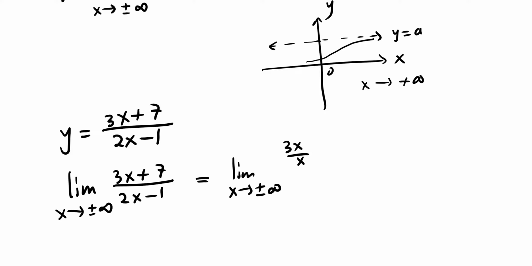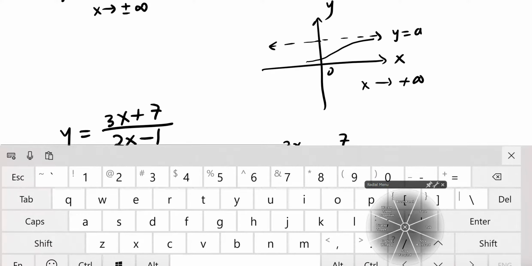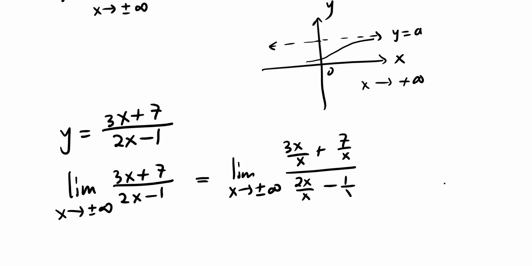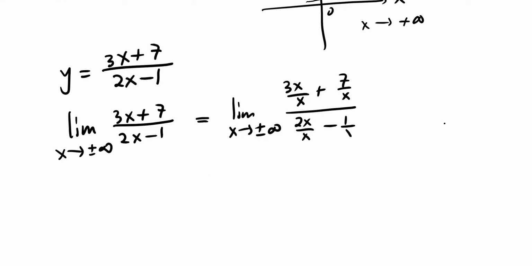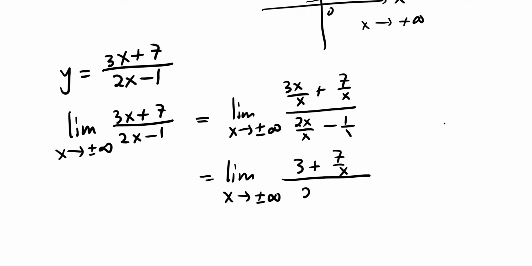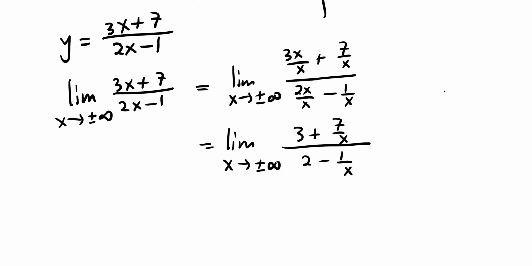So 3x over x, 7 over x, 2x over x, minus 1 over x. And what does that give us? The limit as x goes to plus or minus infinity of 3 plus 7 over x over 2 minus 1 over x. A number over infinity is 0, so this will go to 0 and this is 0. That's why we get 3 over 2.